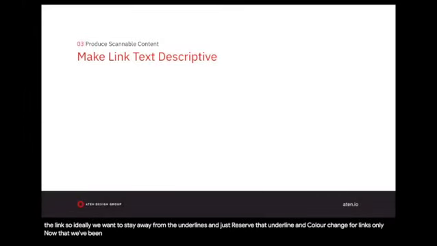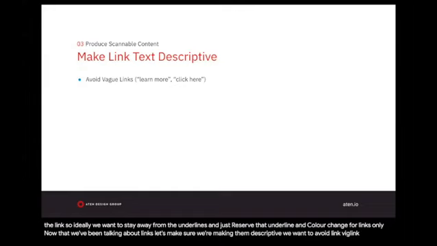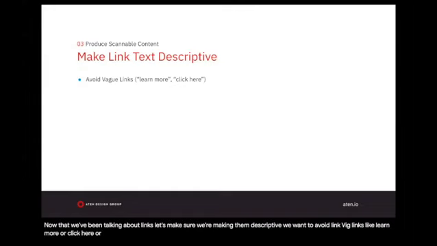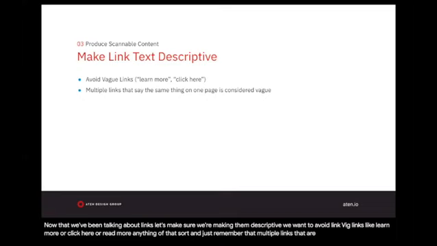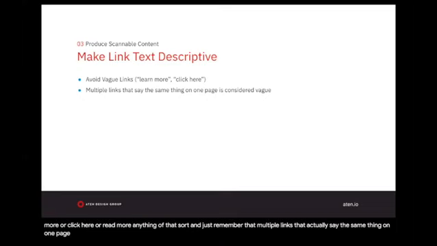Now that we've been talking about links, let's make sure we're making them descriptive. We want to avoid vague links like learn more or click here or read more, anything of that sort. And just remember that multiple links that say the same thing on one page are also considered vague. A good example that I see all the time is maybe a list of events, and it will have the heading and then all of a sudden join event, and then another heading and join the event.